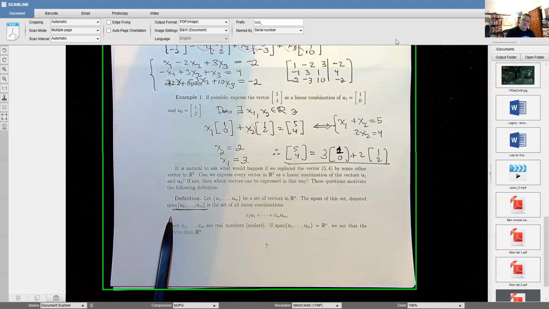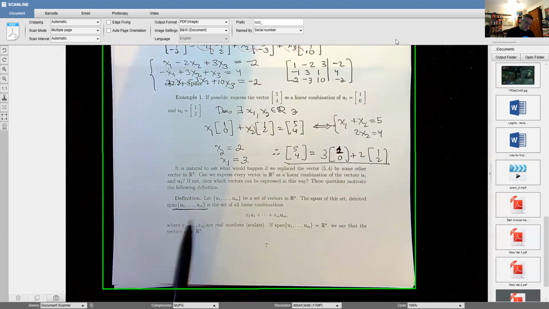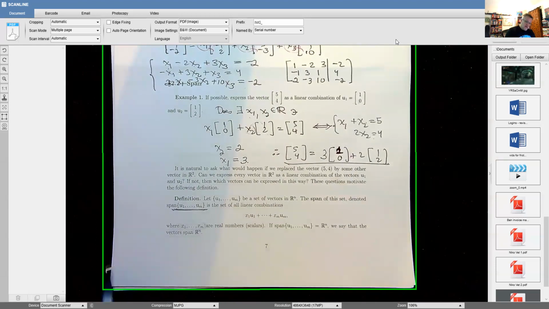So every vector you can construct by a linear combination of these guys is in what we call the span, and these x1 through xm are just numbers. If the span is equal to Rn, in other words, every vector in Rn can be written as a linear combination of those guys, then we say that the vectors span Rn. That's just terminology.